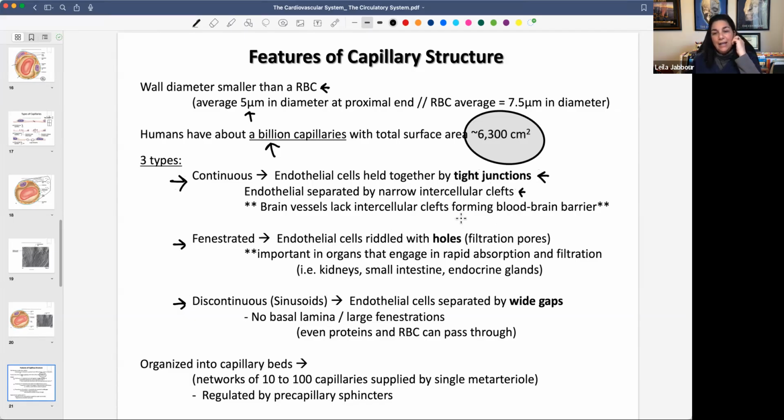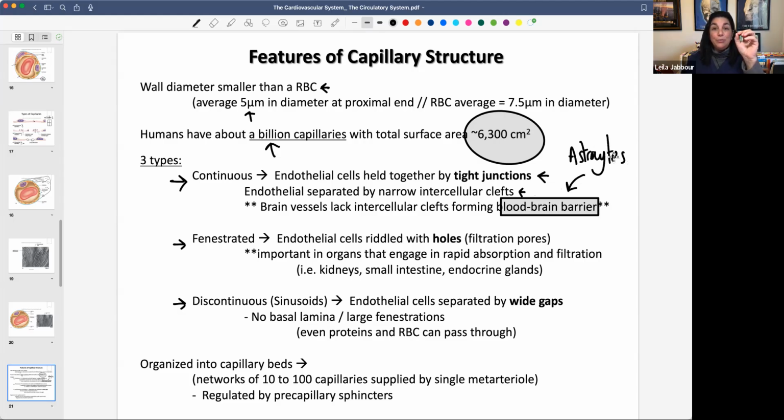Brain vessels lack intercellular clefts. We have what's called the blood-brain barrier in the brain. This is a completely different setup for the brain. We don't just use tight junctions. We also have, I don't know if you remember, astrocytes.